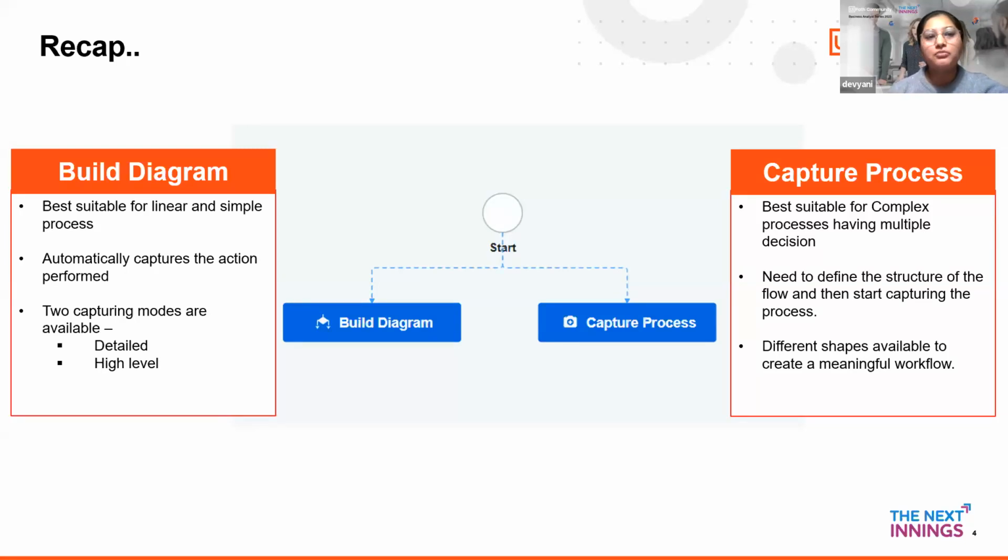On the other hand, capture process is best suited for linear and simple processes, where it automatically captures whatever event we perform on our screen, on our desktop. It captures everything from clicks to typing to navigation. There are currently 2 capturing modes available: detailed, high level, and one that Christian described, which was low. So we'll go into the detail now.